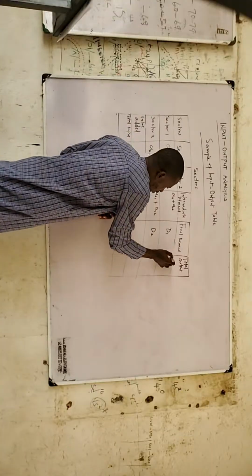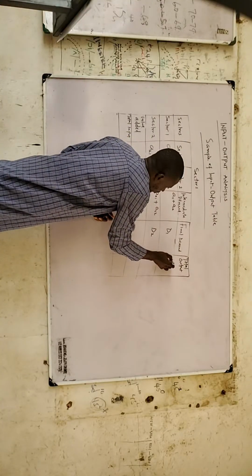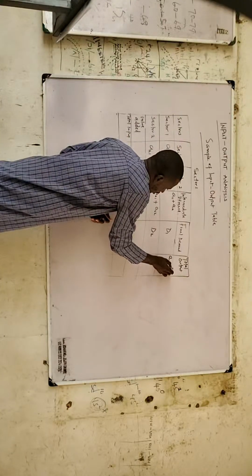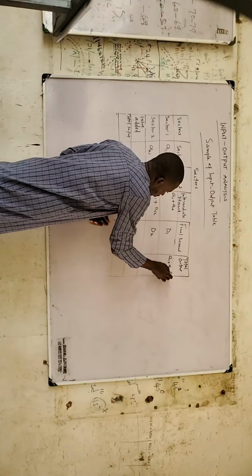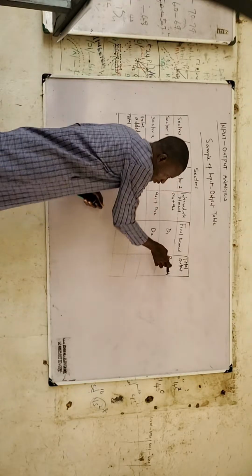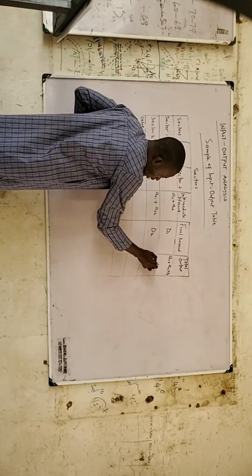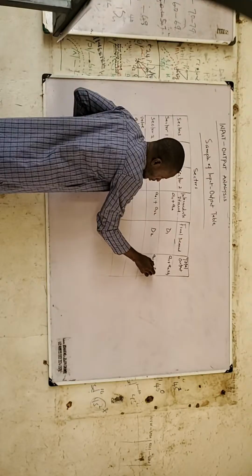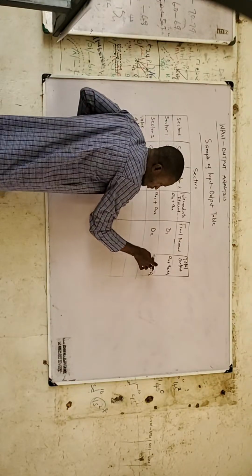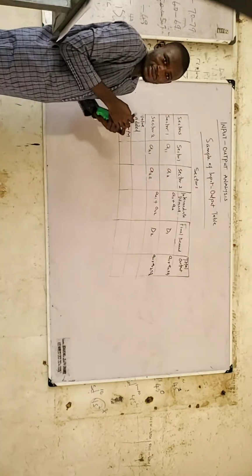Then you have A1,1 plus A1,2 plus D1, which will give you the total output there. Then here is A21 plus A22 plus D2, which will give you the total output there.